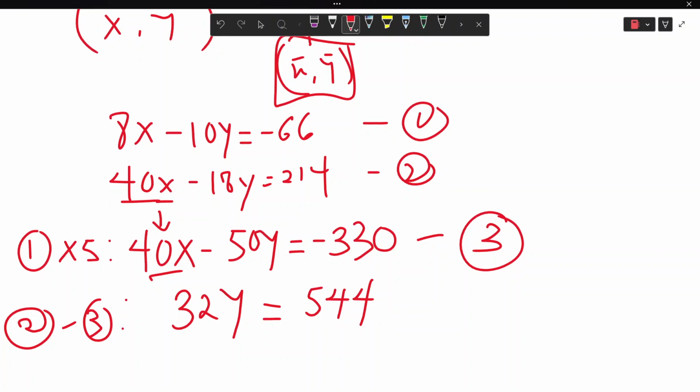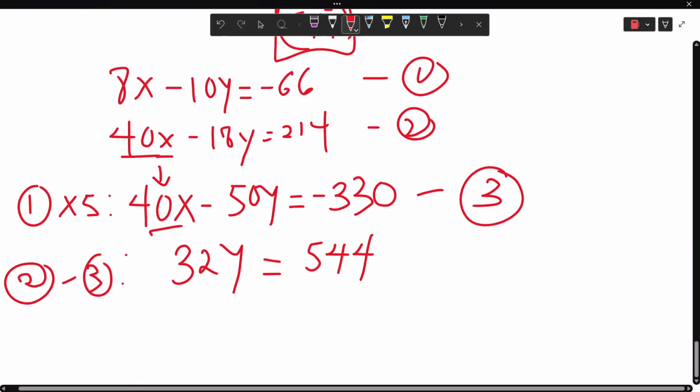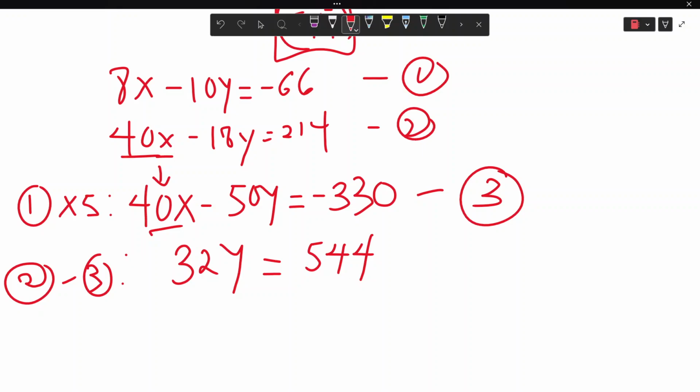To find the y, we divide through. 214 minus negative 330 gives us plus, so 214 plus 330, which gives us 544.